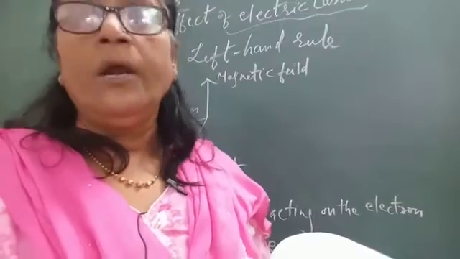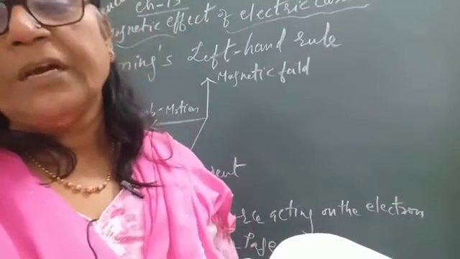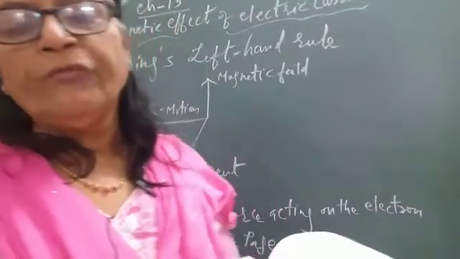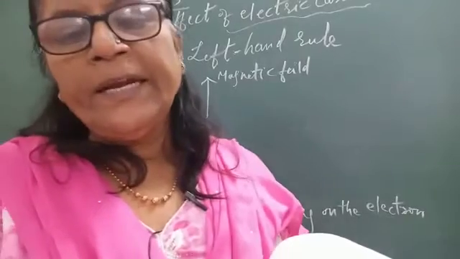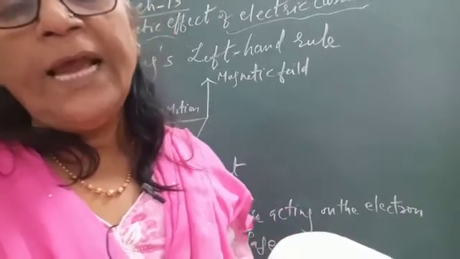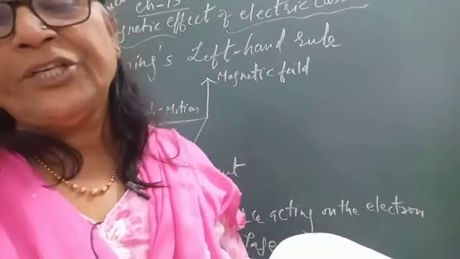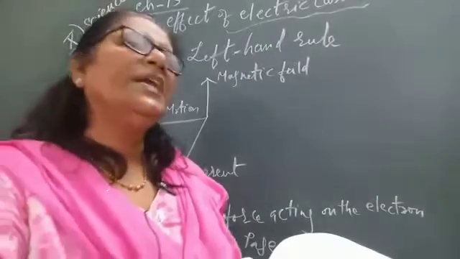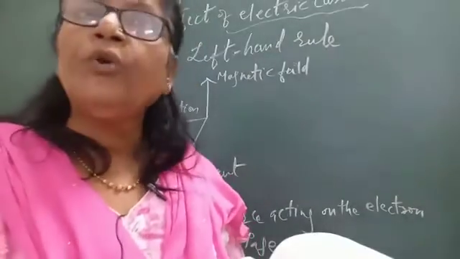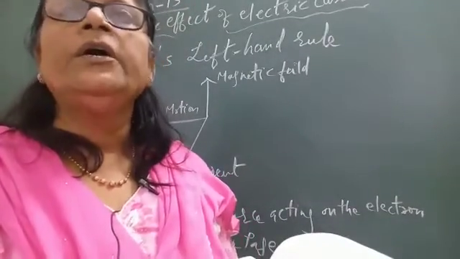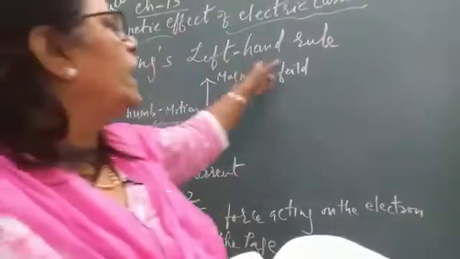If both are perpendicular to each other, we found that the force is perpendicular to both, and the three directions can be illustrated by a simple rule called Fleming's left hand rule.